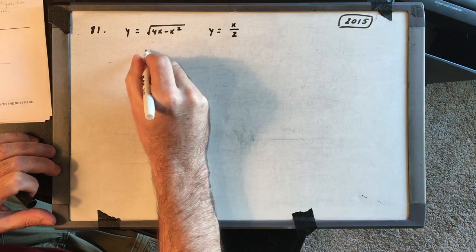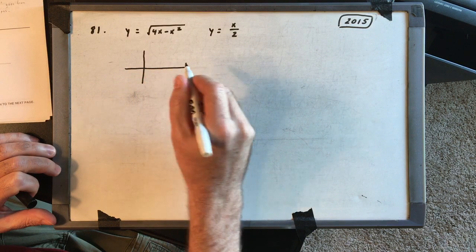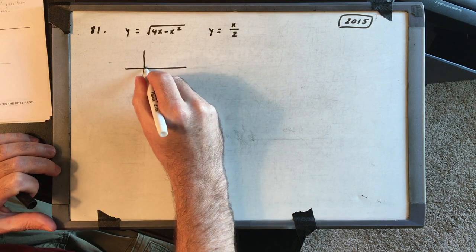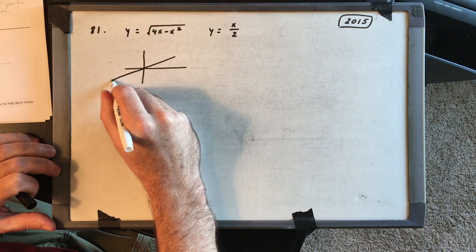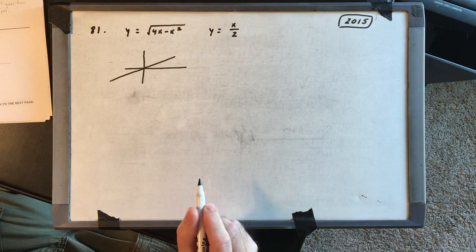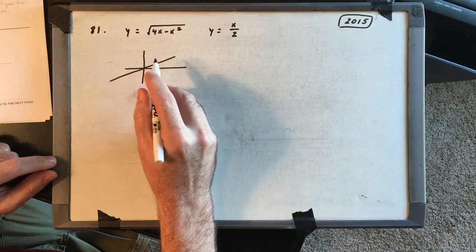So you could go ahead and graph that in your calculator. Y is equal to x over 2 is just a line with a slope of 1/2, and it goes through the origin.